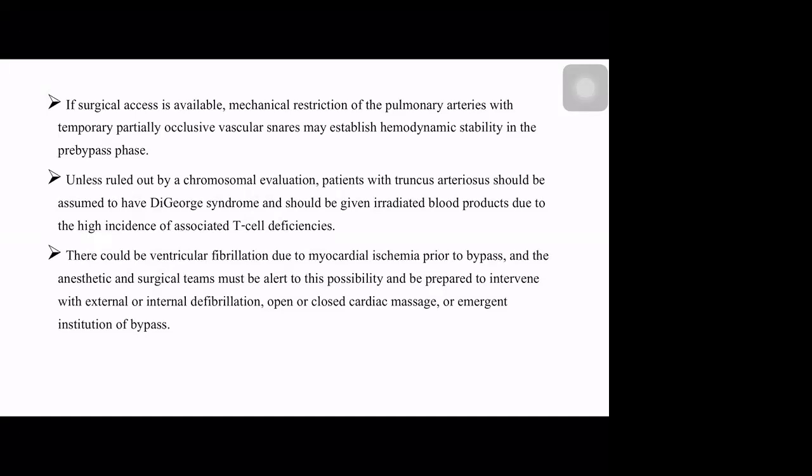The anesthetic and surgical team must be alert during the pre-bypass period about this possibility and be prepared to intervene with external or internal defibrillation, with open or closed cardiac massage, or emergency commencement of the CP bypass.